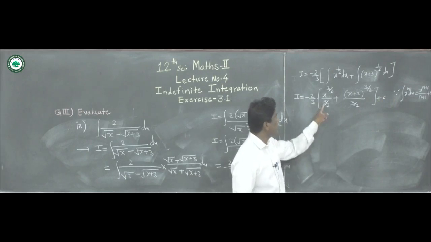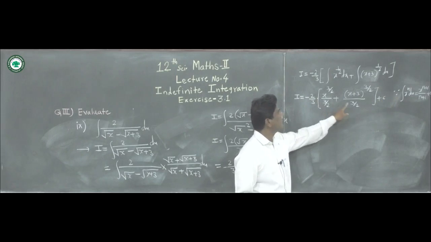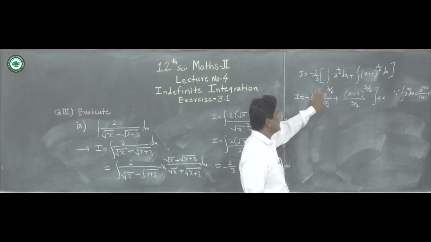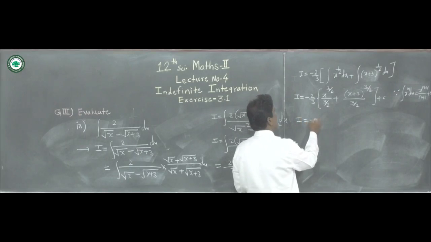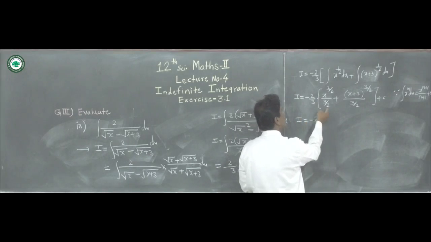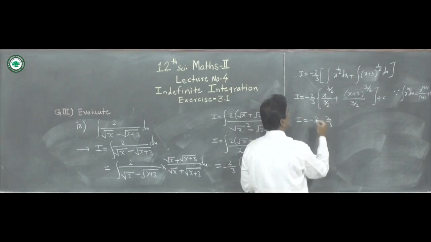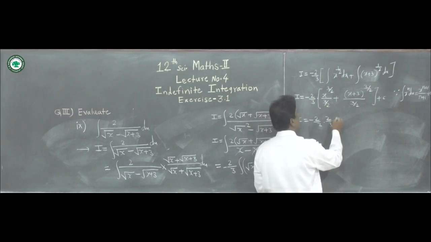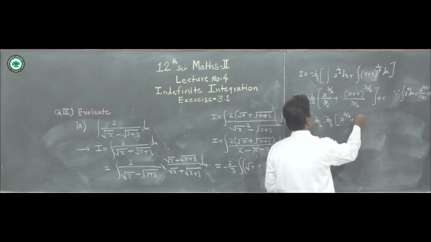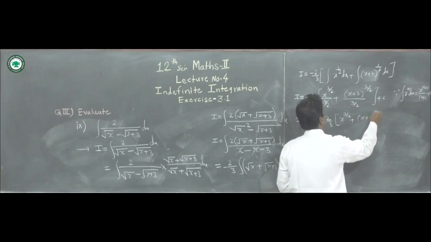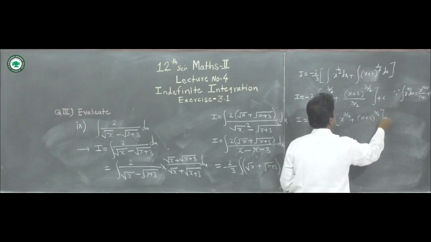Now this 3 by 2 we write 2 by 3, here also 2 by 3, and take that 2 by 3 common, and therefore we get I is equal to minus 2 by 3 into x to the power 3 by 2 plus (x plus 3) to the power 3 by 2 plus constant of integration.